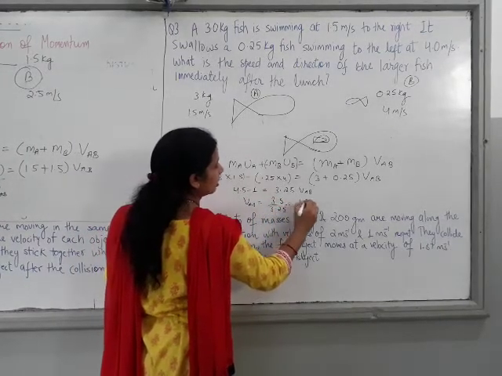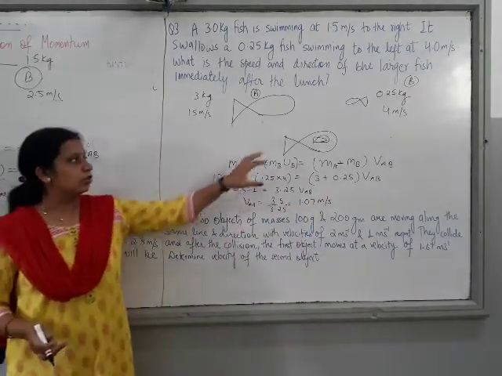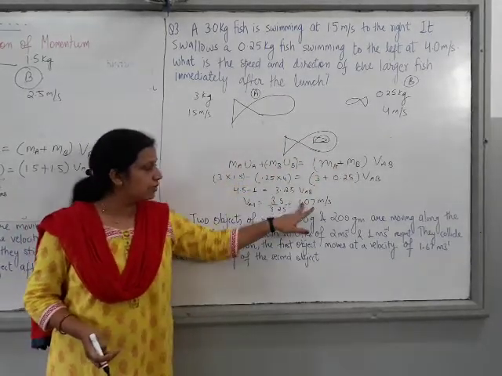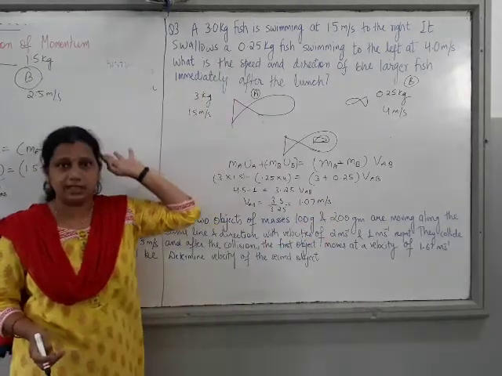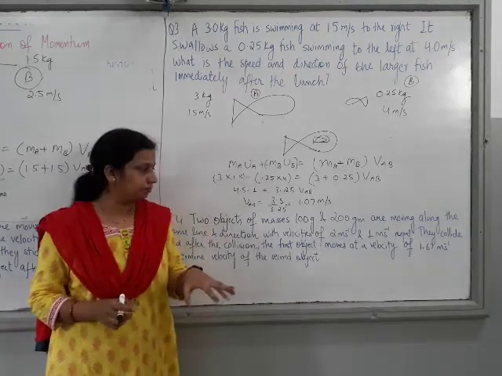That will give me something around 1.07 meters per second. So the bigger fish will move in the right direction with velocity 1.07 meters per second, smaller than what it had earlier. So after eating food, it moves a little bit slower.